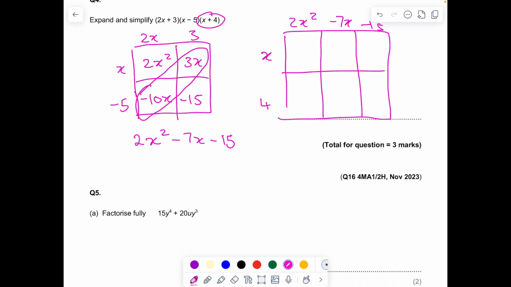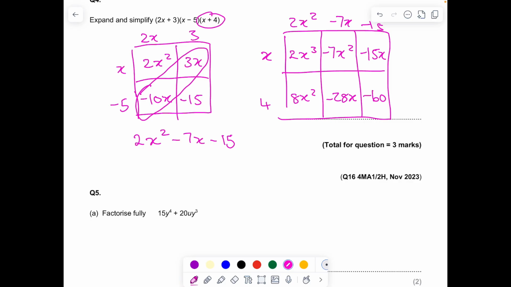So x times 2x squared is 2x cubed. Minus 7x times x is minus 7x squared. Minus 15 times x is minus 15x. 2x squared times 4 is 8x squared. Minus 7x times 4 is minus 28x. And minus 15 times 4 is minus 60.